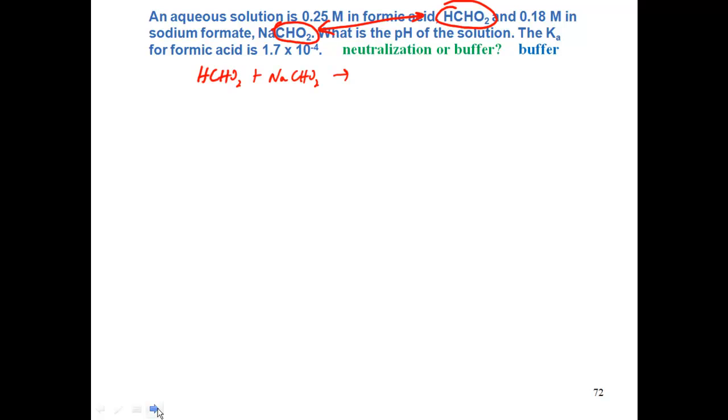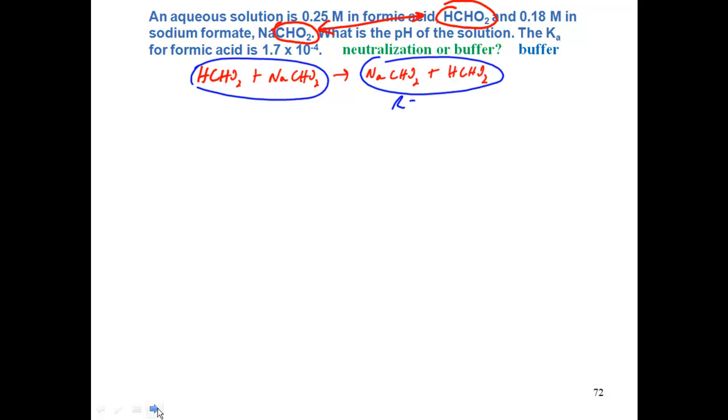Well, the cation's going to exchange, which will give me NaCHO2 plus HCHO2. Now, what do you notice about this reaction? Your reactants are exactly the same as your products. Your reactants equal products. Anytime you see that, that's an indication that you're looking at a common ion problem.